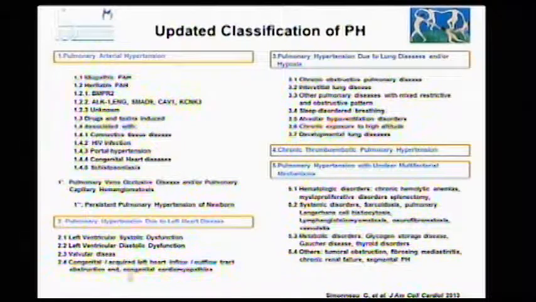So we have made a classification for clinicians, and basic scientists and translational scientists may use it for their own purposes, but this is made for clinicians. Clearly you see that each subgroup of pulmonary hypertension corresponds to a different pathomechanism and, in fact, a different management. For example, the most simple one is chronic thromboembolic pulmonary hypertension.